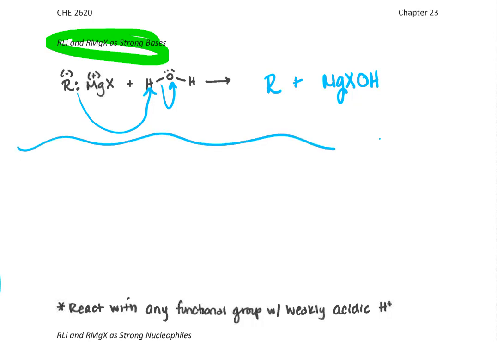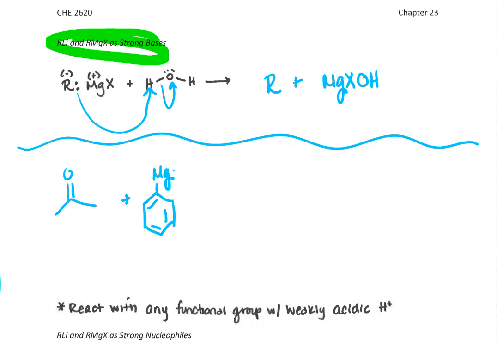So what this really relates to is if you had a ketone that you wanted your Grignard to react with, and you wanted maybe to add a benzene ring, and then you had some water present by accident. Maybe you didn't use anhydrous ether as your solvent. You used regular ether. Mind you, anhydrous means without water.